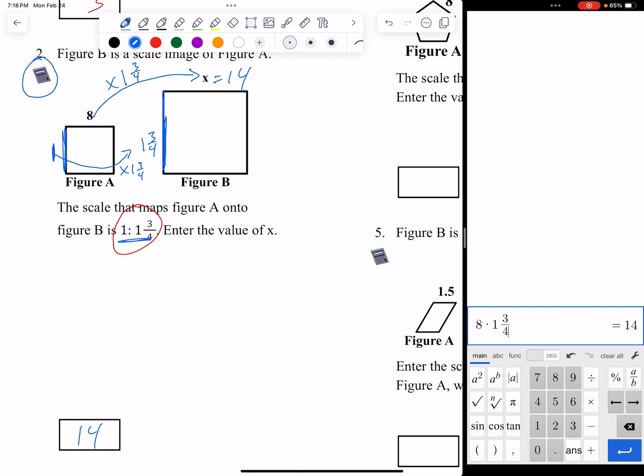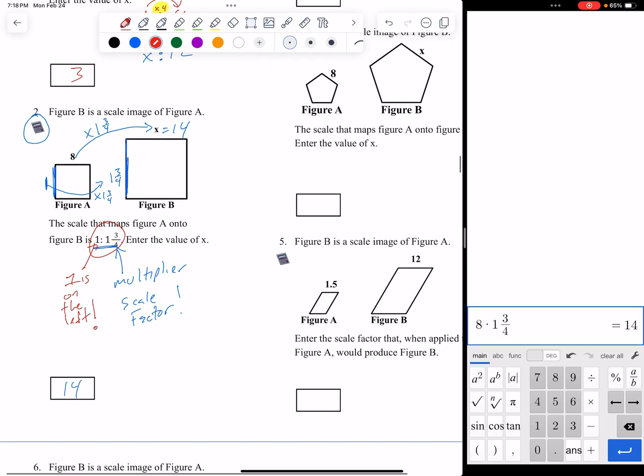That was my multiplier, aka scale factor. That's your vocab. And we do that only because the 1 is on the left.